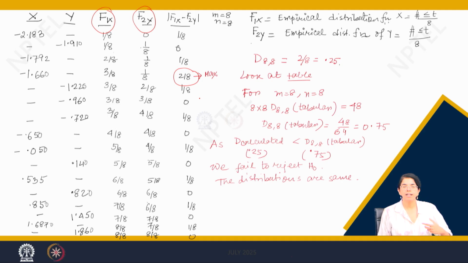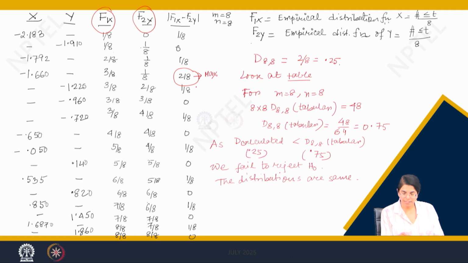I will ask you to go through the calculation meticulously, because the same logic applies here to figure out the empirical distribution function till that point, say minus 1.660. So what is the empirical distribution function for x and for y?